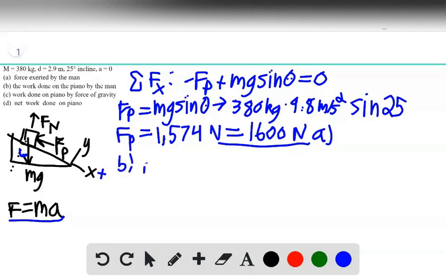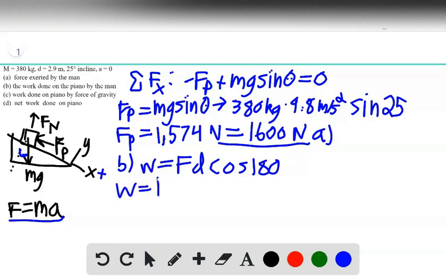So your work equation is going to be work equals F d, like we said, opposite direction, so it's going to be negative. So it's cosine 180, which we know to be -1. Plug everything in here. Work equals force, 1,574 newtons. Distance, we're given 2.9 meters.